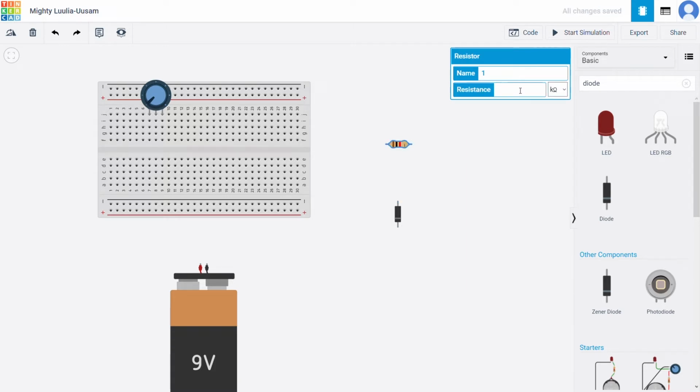The resistor is 270. I'm going to put it right here, and the diode I'm going to put right here.